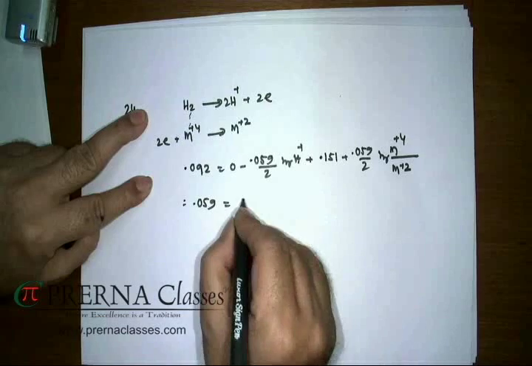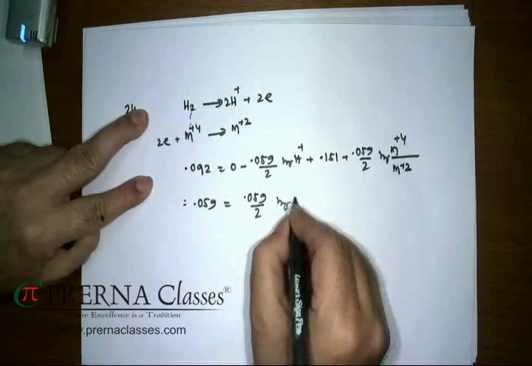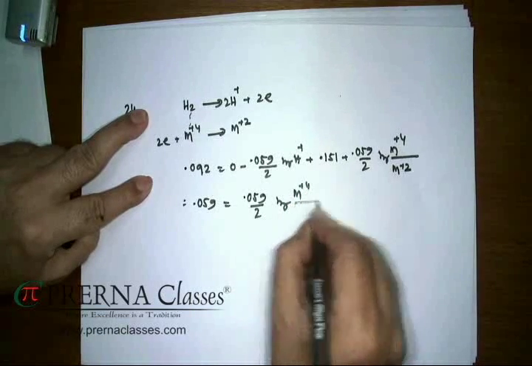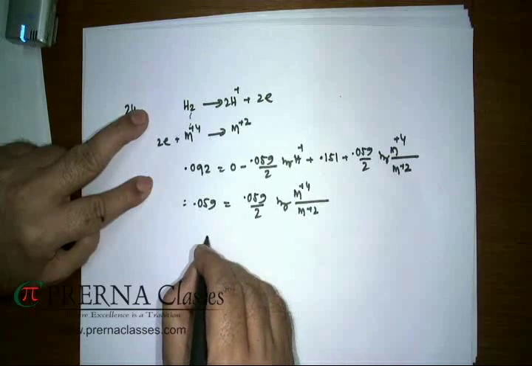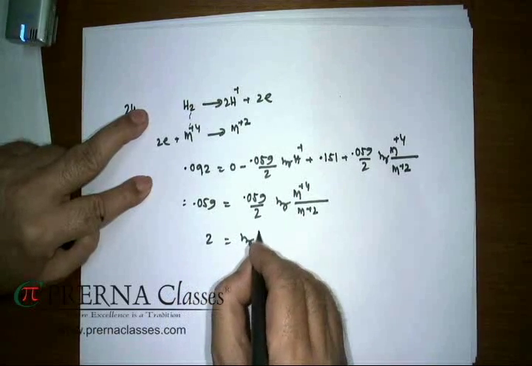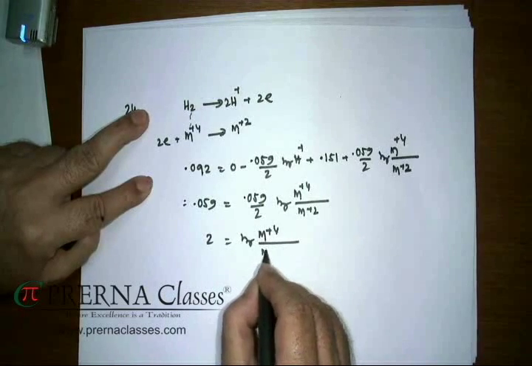So all you have is 0.059 by 2 log of M plus 4 by M plus 2, or 2 is equal to log of M plus 4 by M plus 2.